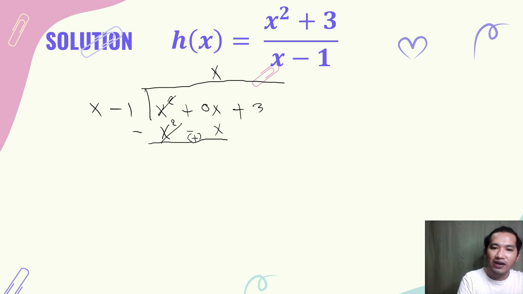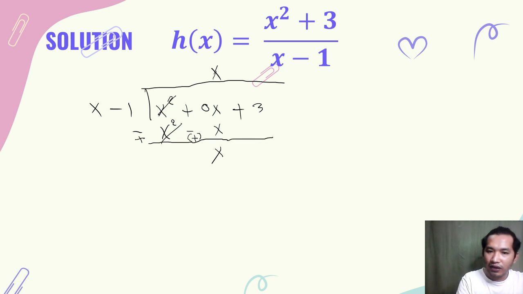So 0 and then magiging addition yung process dito. Okay, di ba? Ganun yung process ng subtraction. No? So 0x plus positive x will give us 1x or just x.